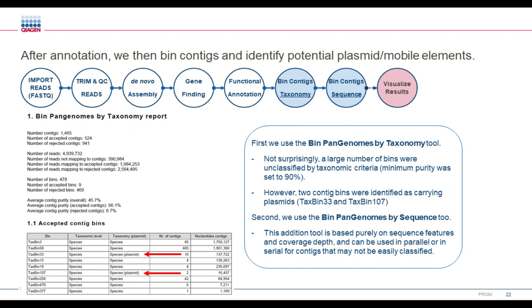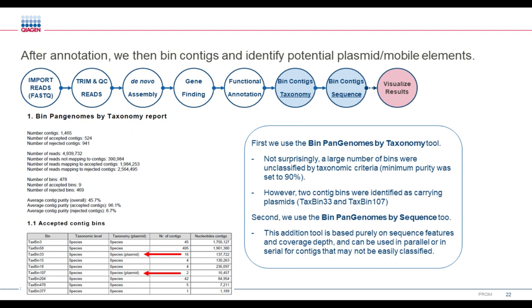And about half of those had a high level of contig purity, which is our measurement of similarity to reference genomes that are contained within the taxonomy database that you provide.